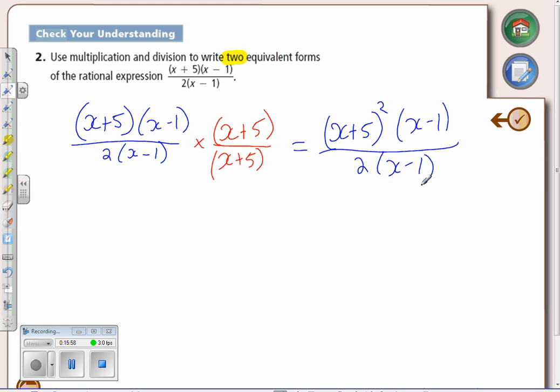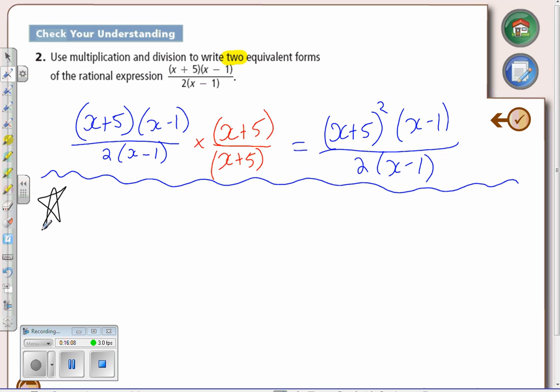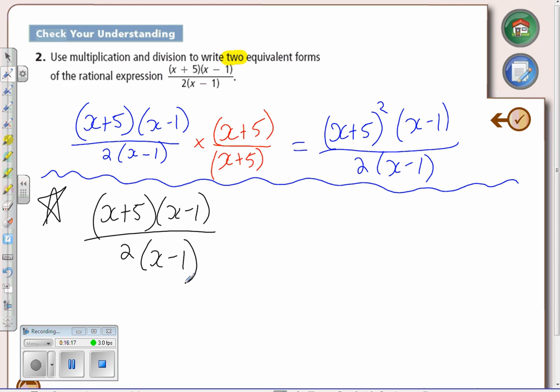That one's not really the important part. This next one here is the very important part that we're trying to get at for this chapter. So we're going to start with (x plus 5)(x minus 1) over 2(x minus 1). I'm going to divide both the numerator and the denominator by the same thing. I notice they both have a common factor. I want to make sure I'm dividing by a factor in brackets, this whole package, not just part of it.